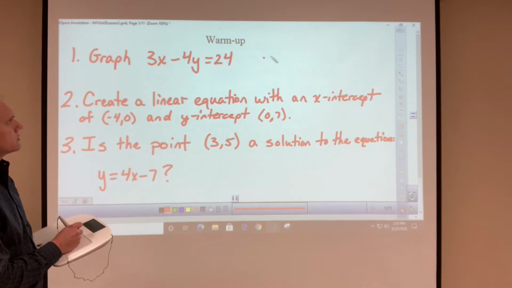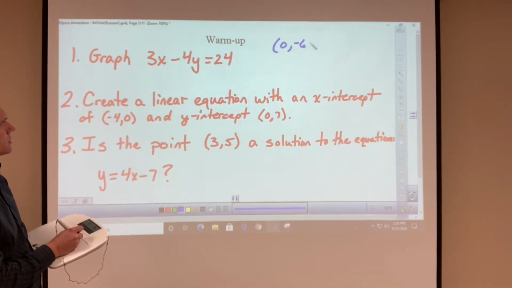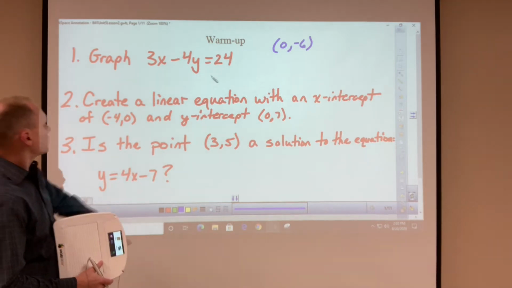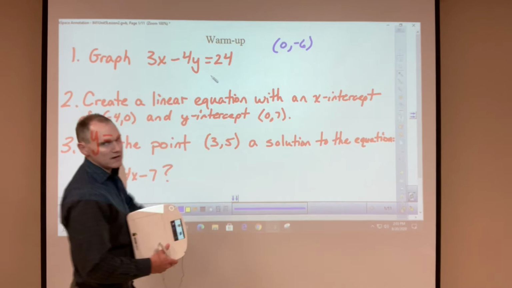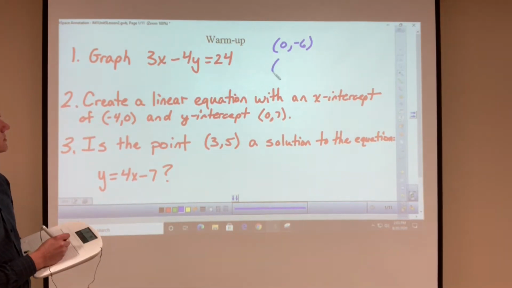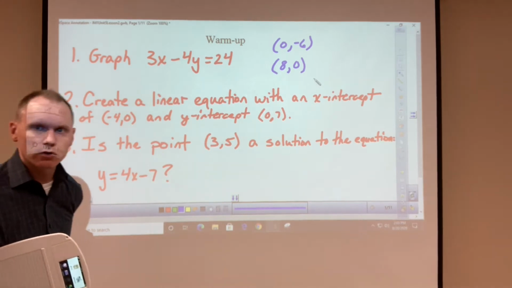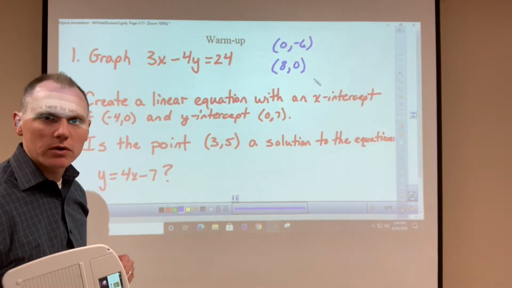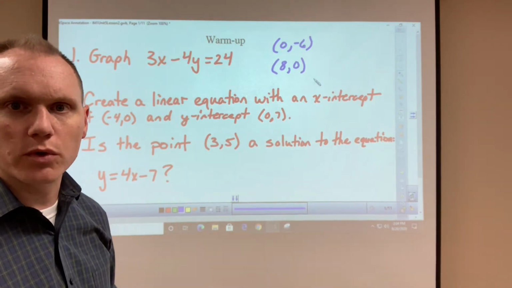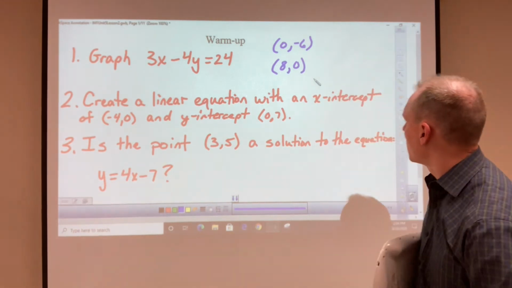So we have a y-intercept of negative 6, or 0 comma negative 6. And then of course the x-intercept would be 24 divided by 3, which is 8. So we would have an x-intercept of 8 comma 0. That goes back to what we did in the last video. Once we plot those 2 points, we can connect them with a straight line, and that's going to form our linear function.